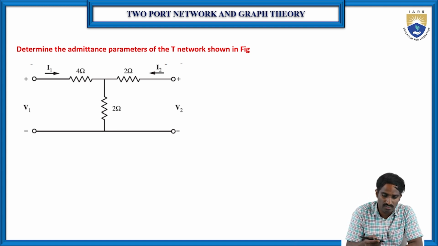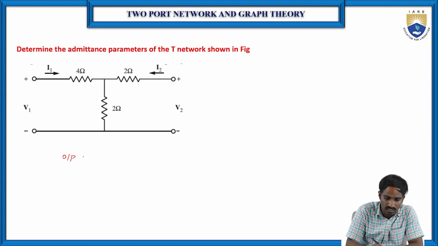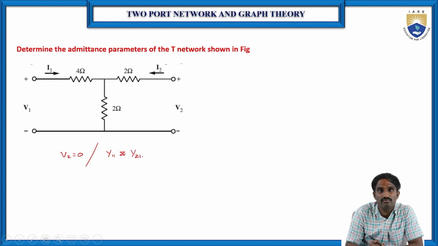By making V2 equal to 0, the output is short circuited, and then we can find the two parameters Y11 and Y21.